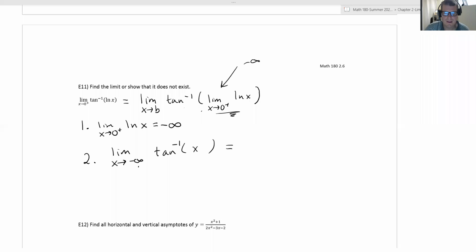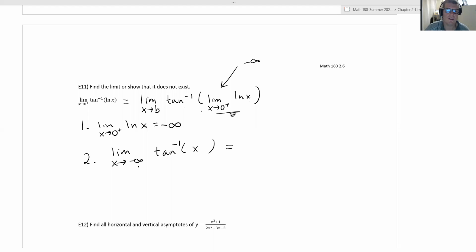So we started out in the natural log of x, approaching 0 from the positive side. That was negative infinity. Then we needed to figure out what the limit was as we approached negative infinity, and that limit ended up being negative pi over 2.